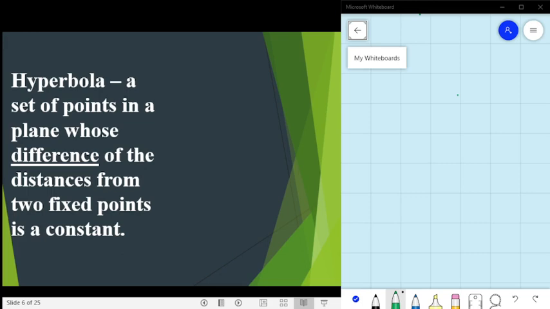A hyperbola is a set of points in a plane whose difference of the distances from two fixed points is a constant.